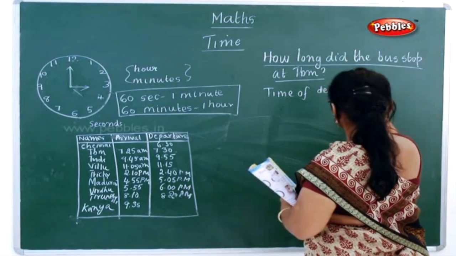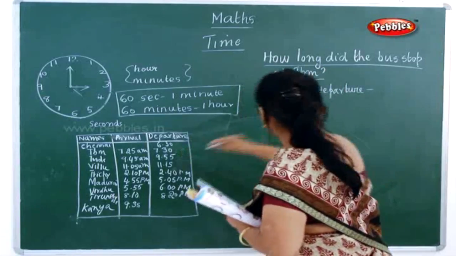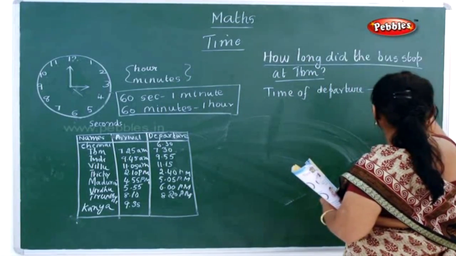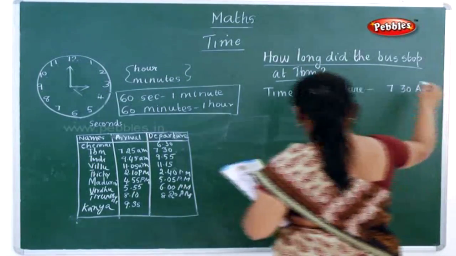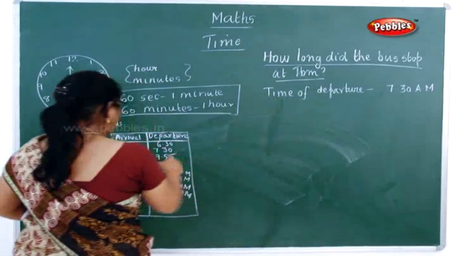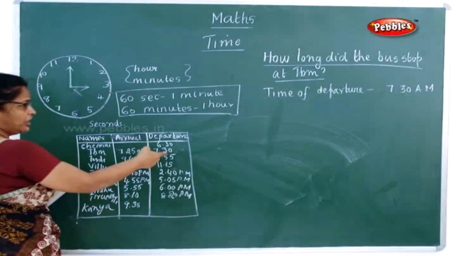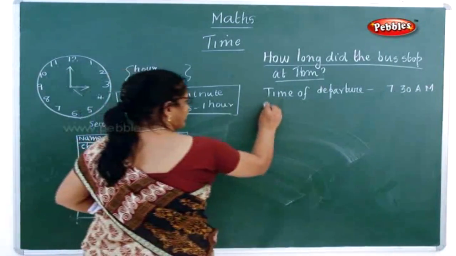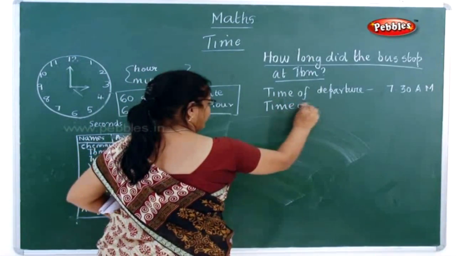Now what is departure time? It is 7:30 a.m. Is it clear now? Time of departure was 7:30. Now, next what you have to write? Time of arrival.